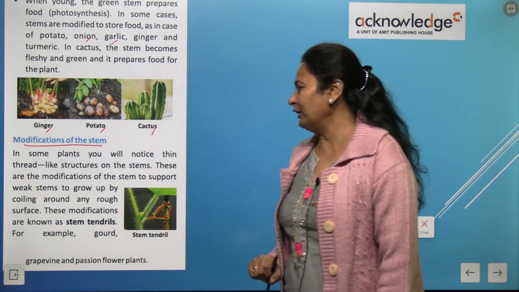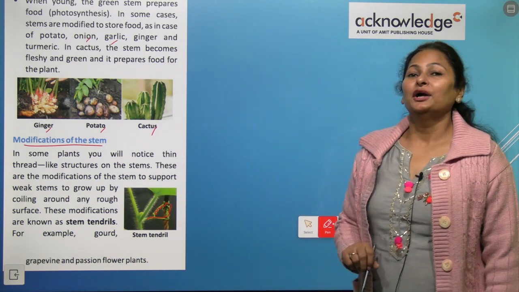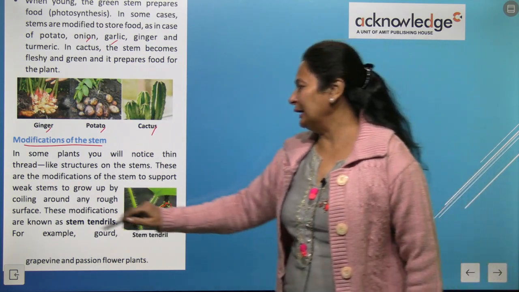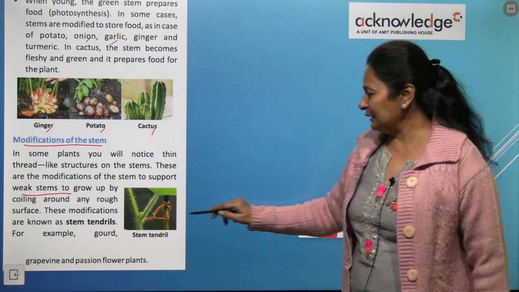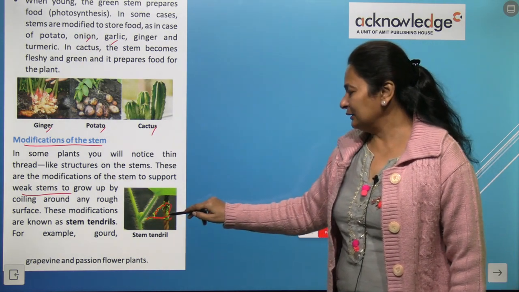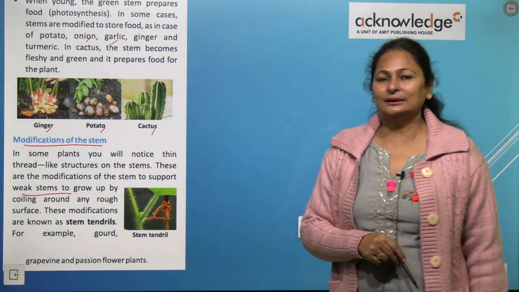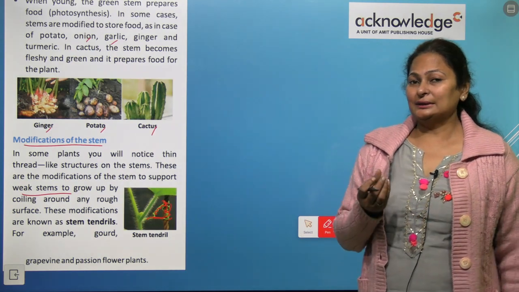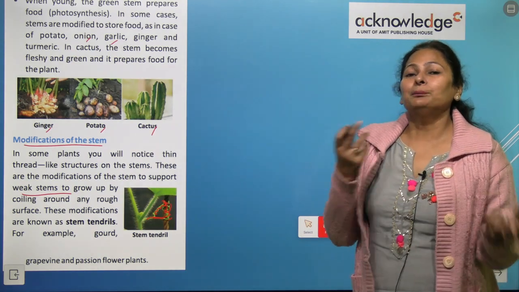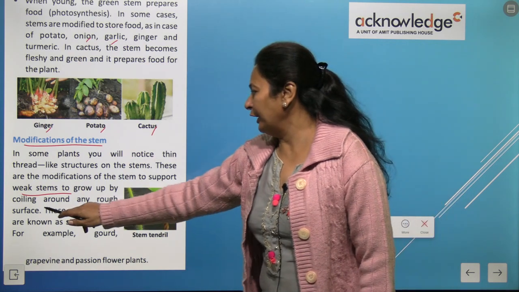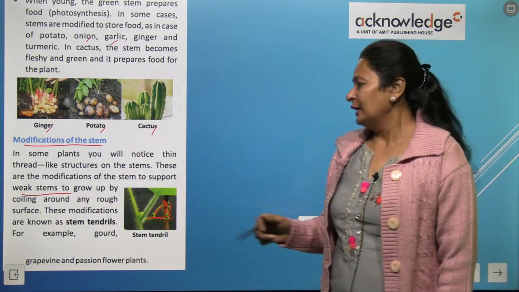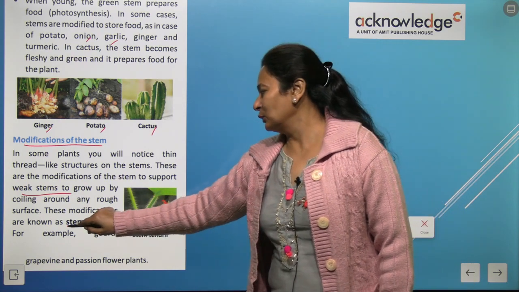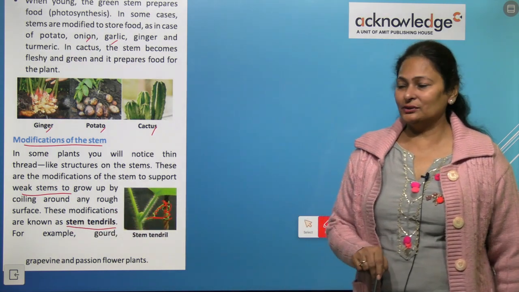You can see it in this picture also. These are modifications of the stem to support a weak stem to grow up by coiling. We have seen that this structure coils around another stem or plant, or around any rough surface. These modifications are known as stem tendrils.